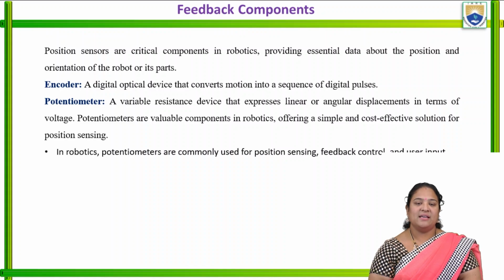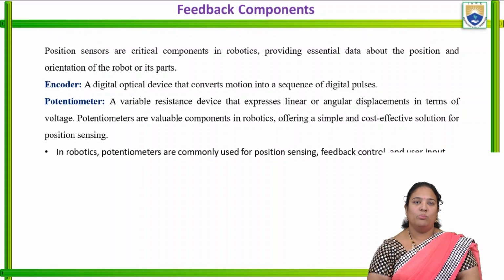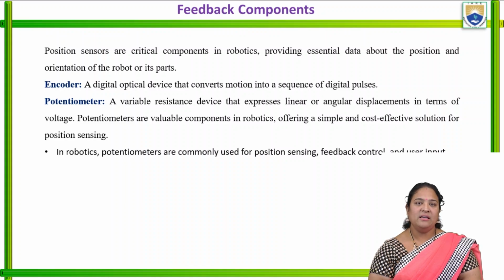The position sensor is used to give the essential data in order to know the position and orientation of the robot, where it has been divided into potentiometer and resolver.